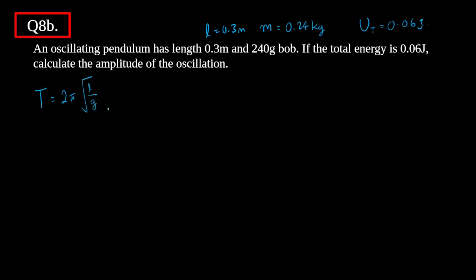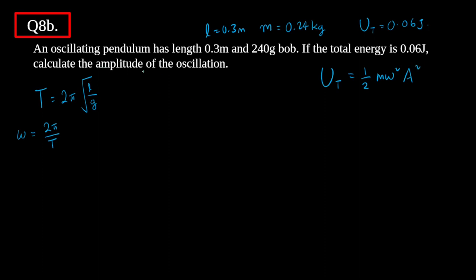For a pendulum, your equation for period is going to be 2 pi times the square root of L over g. And what else you need to know is that omega equals 2 pi over T. The reason we need omega is the same reason we needed it for the previous question, which is that our UT is actually equal to half m omega squared a squared.